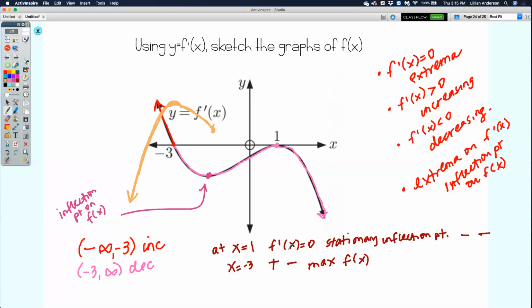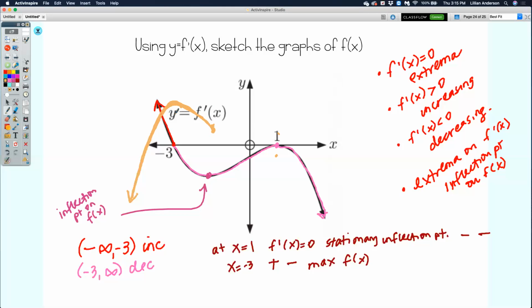I also need to have another inflection point at 1, but I still need to continue to be decreasing along the way. This point could be above the x-axis, it could be below. It really doesn't matter as long as you continue to do what the first derivative is telling you to do.